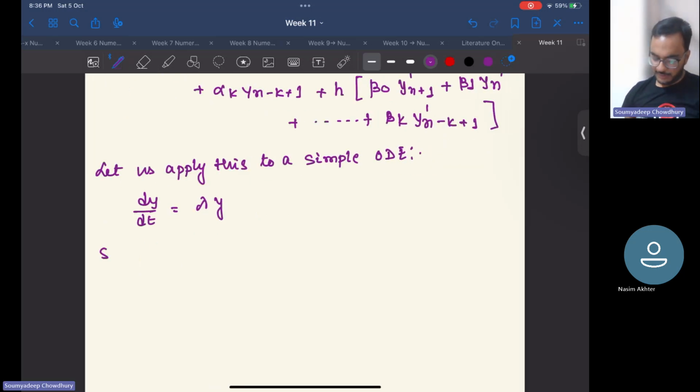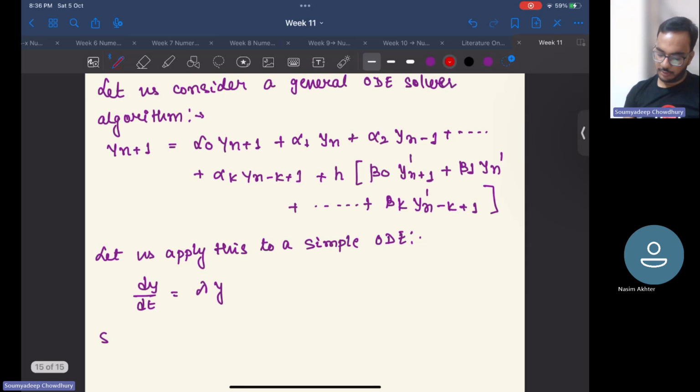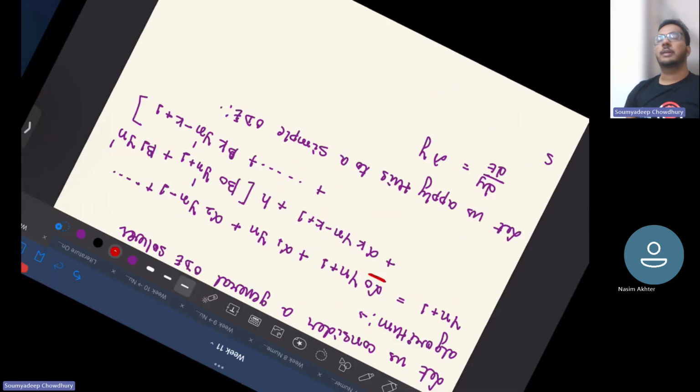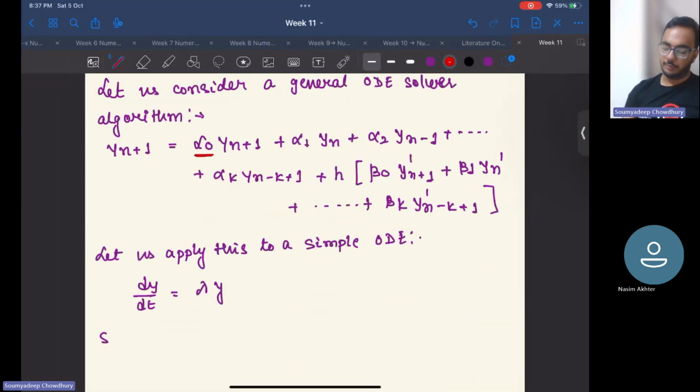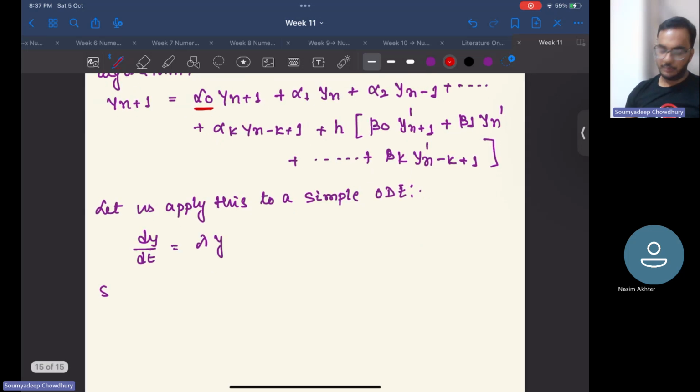So we'll be applying this equation to our general simple ODE. In most cases this alpha naught coefficient will be zero. If you see any technique, say Euler's technique, this alpha naught coefficient, the coefficient of y(n+1), is mostly zero, because y(n+1) is always on the left hand side.